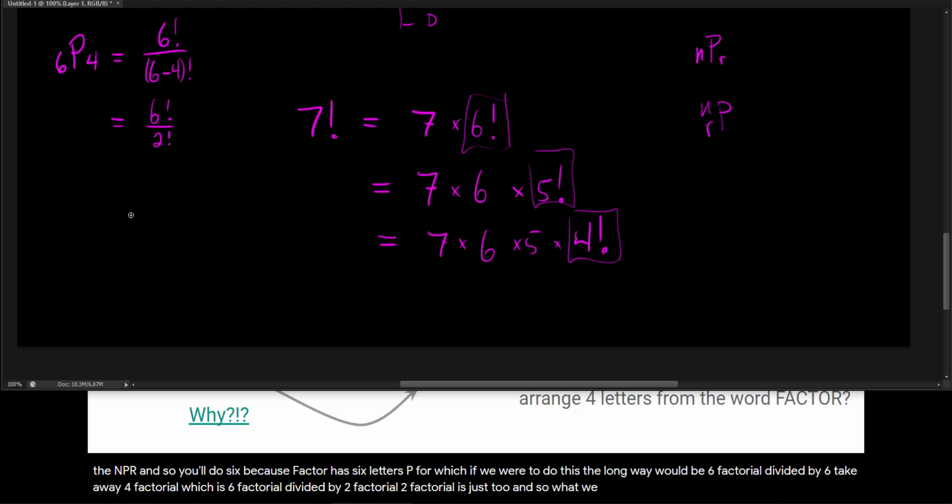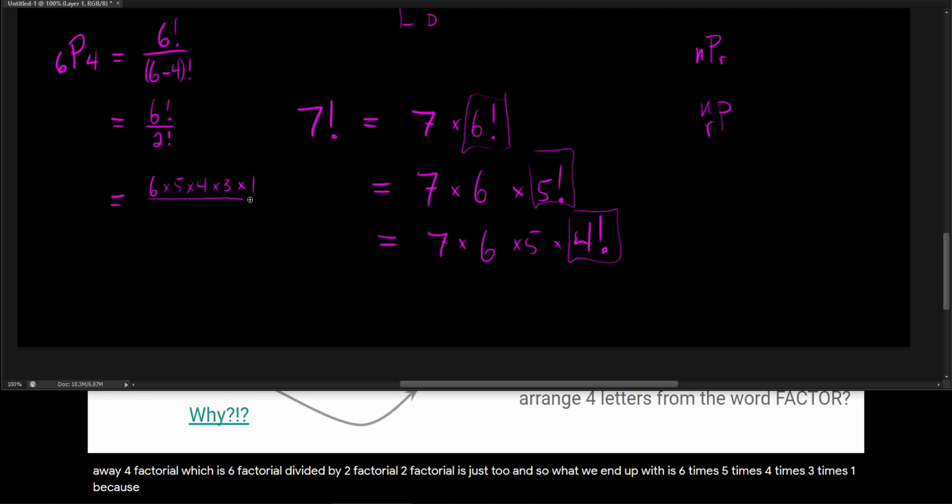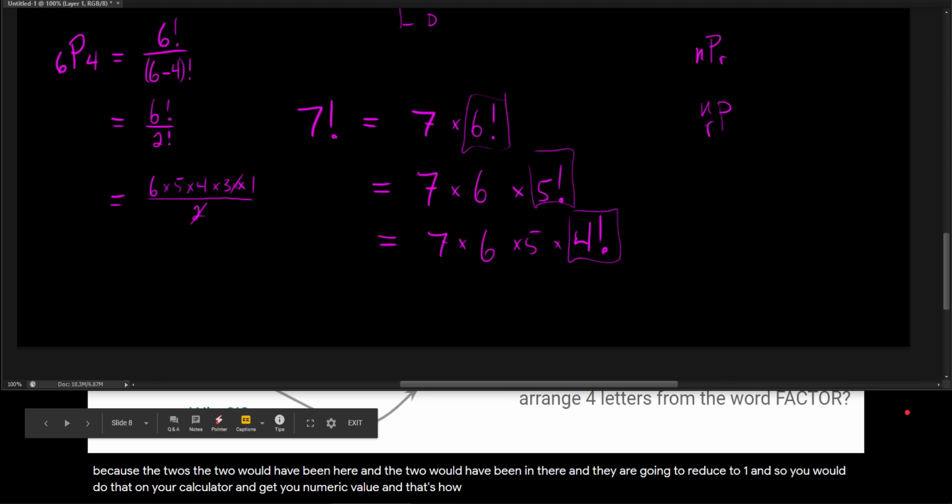And so what we end up with is 6 times 5 times 4 times 3 times 1, because the 2 would have been here and the 2 would have been in there, and they're going to reduce to 1. And so you would do that on your calculator and get your numeric value. And that's how many different ways that you can rearrange 4 of the letters in the word factor.